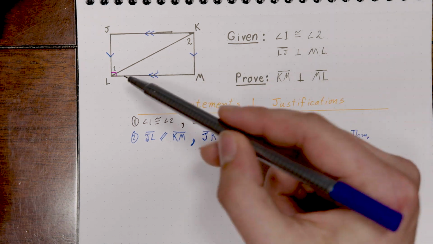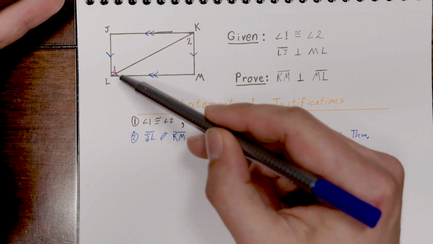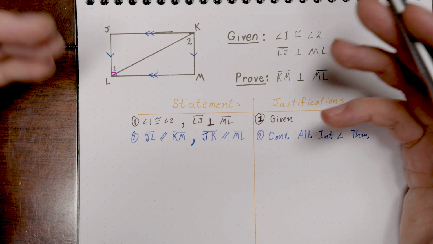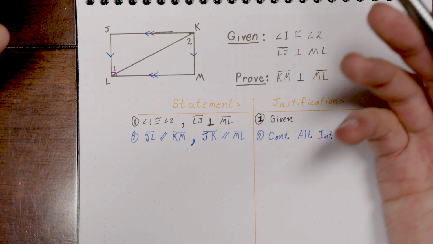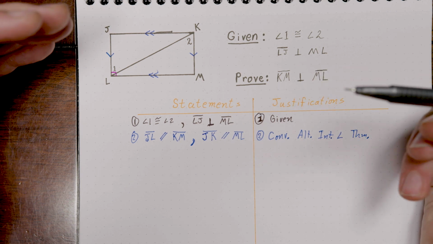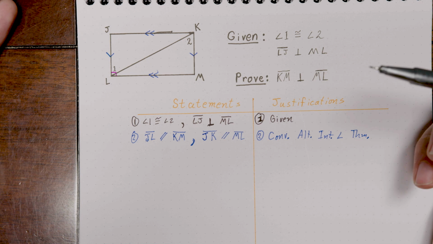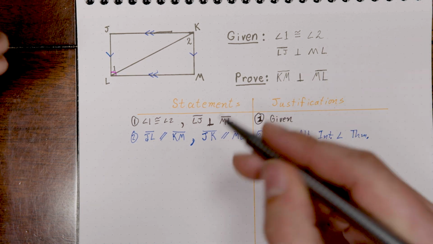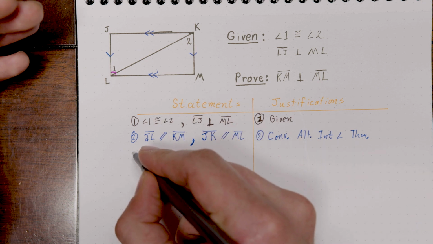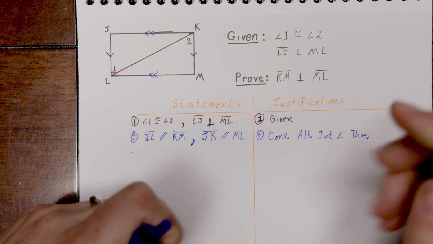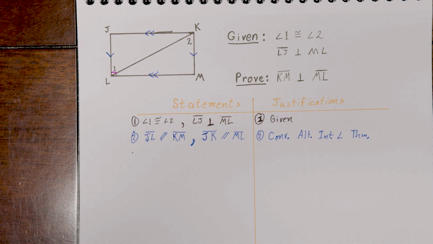Now the piece of information we haven't used is this perpendicular thing. How could we use that one? We actually don't even need any more steps; we can go straight to the proof at this point. Let me use this orangey color.